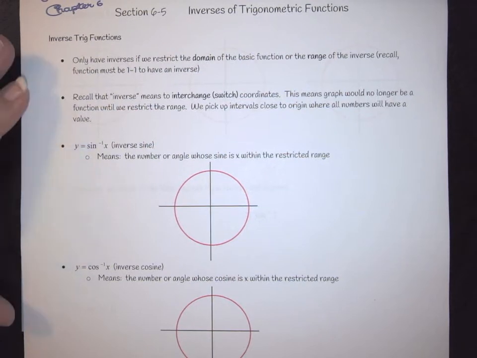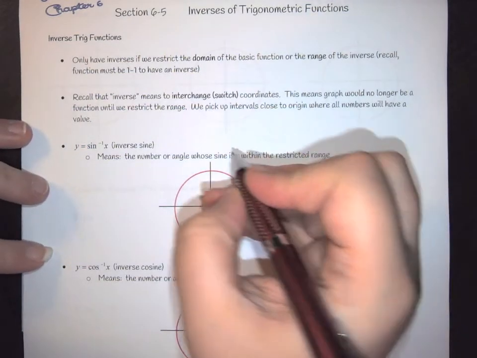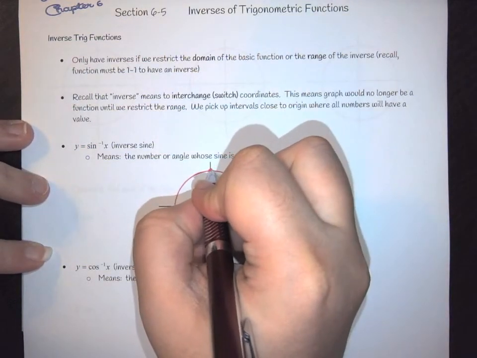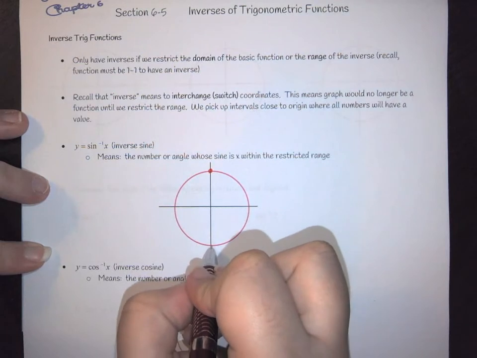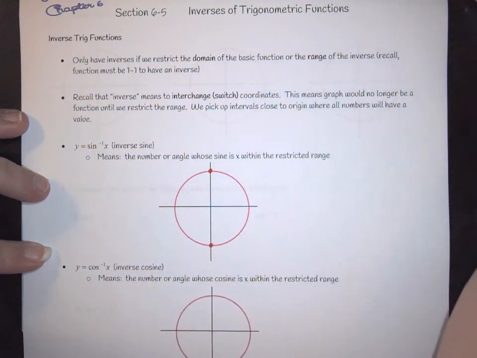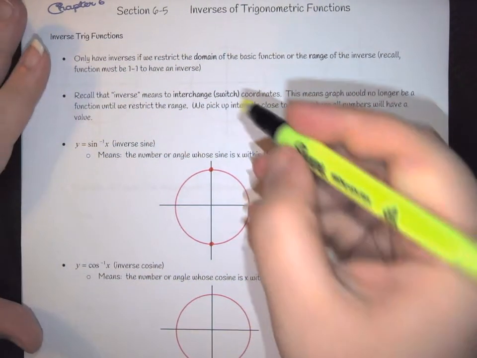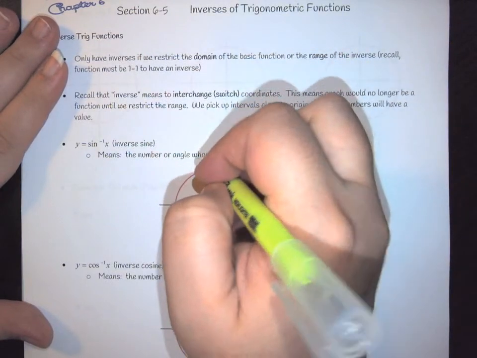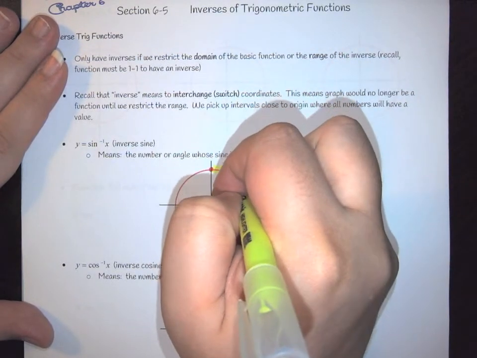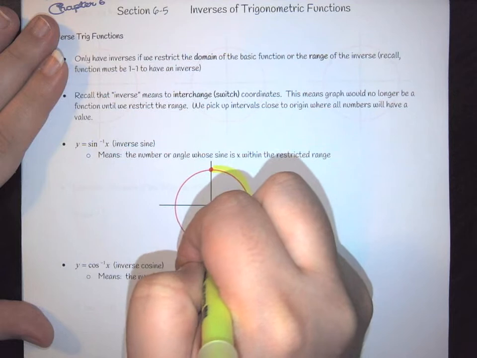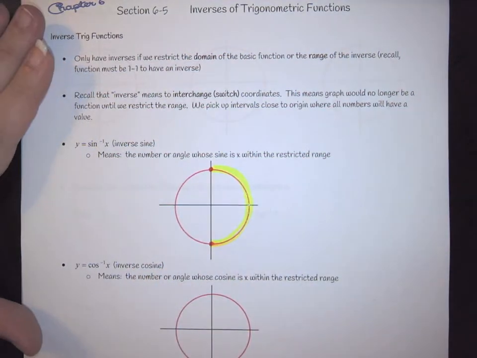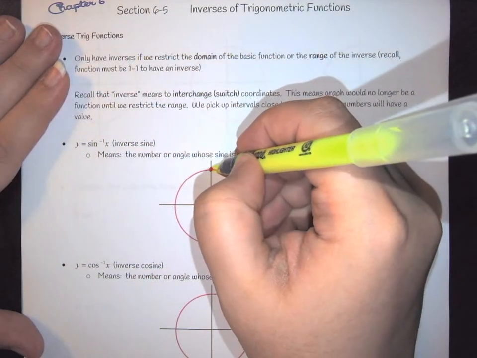Here we have to fall within your restricted range. In this case, we are talking about pi over 2 and negative pi over 2. For your sine, we are looking only at this side of your circle, this highlighted piece right here.